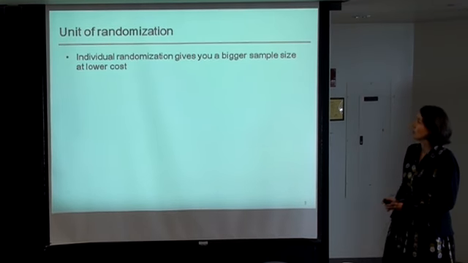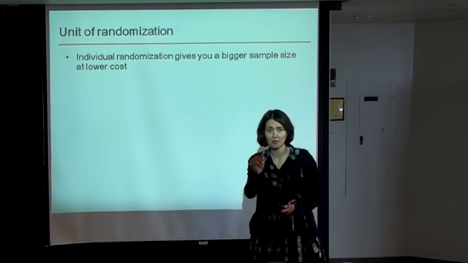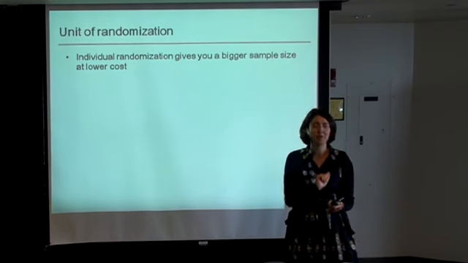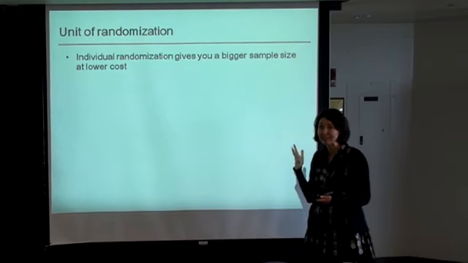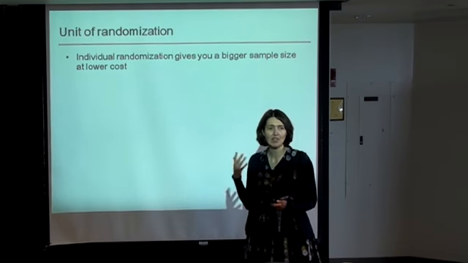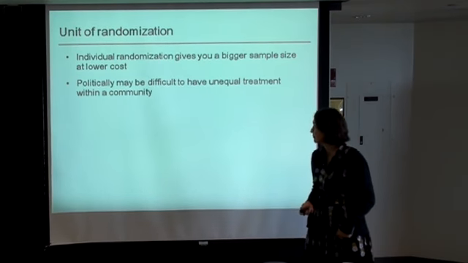If we do it at an individual level, you get the program, you don't get the program, you get the program, we can do a really nice detailed evaluation at a relatively small cost. That's the benefit.